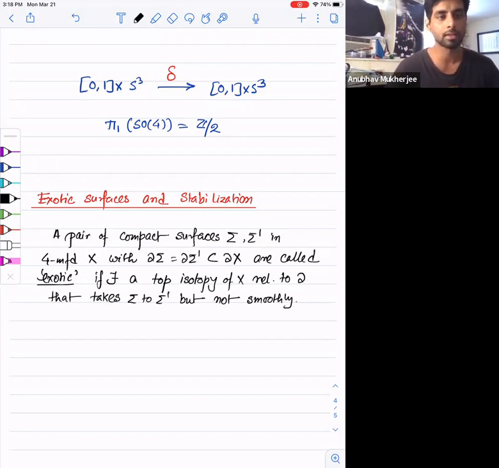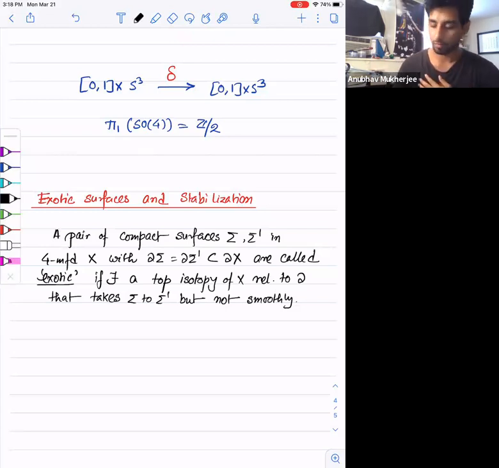Now, as I said before, understanding surfaces in four-manifold theory is historically important because various remarkable results say that the topology of a simply connected four-manifold is determined by how surfaces sit inside the four-manifold. Sorry, is there a question? Okay.